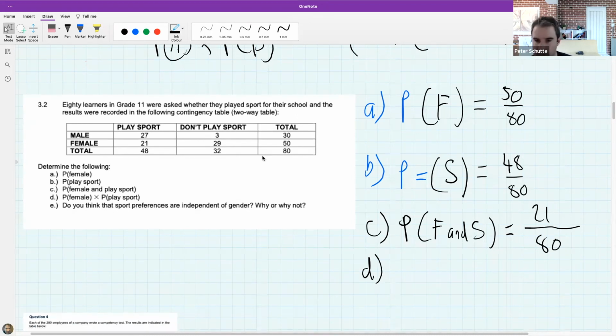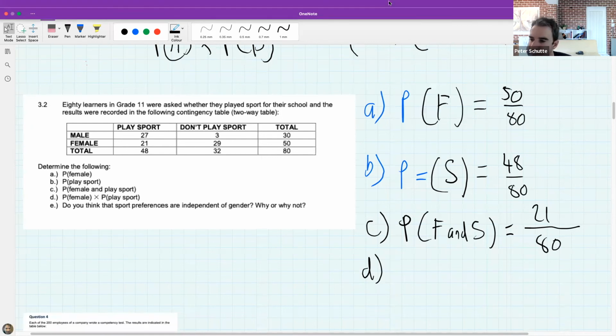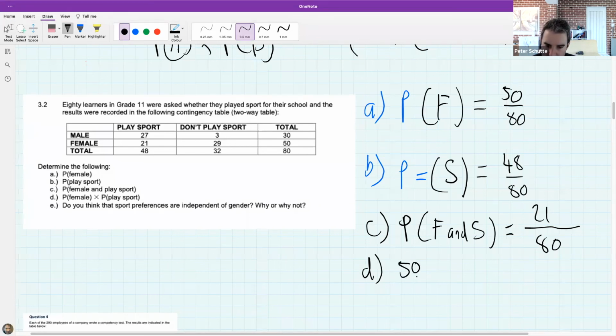Okay, let me slow down for a little bit, give some time. So probability of females is 50. It's quite helpful to put this into decimals.